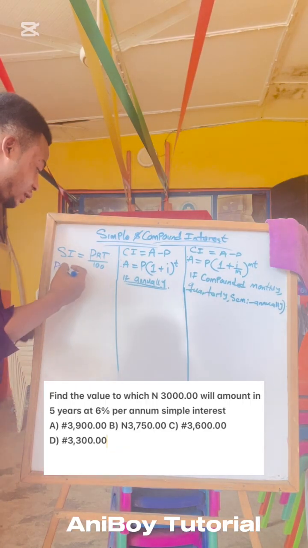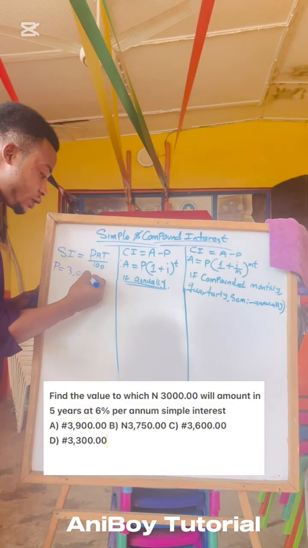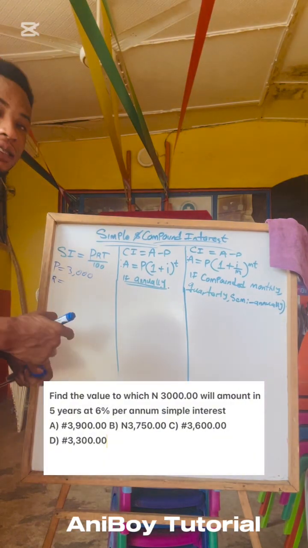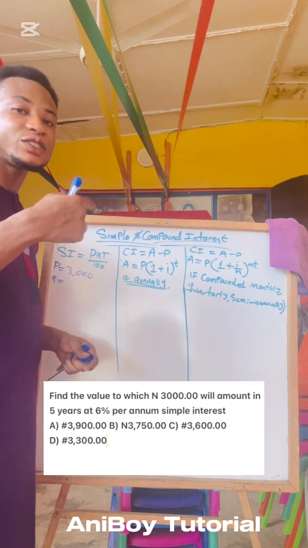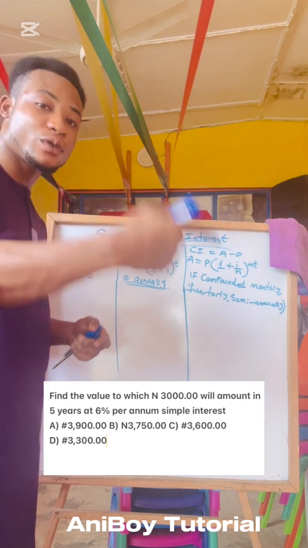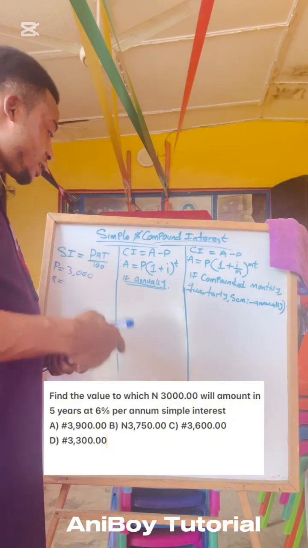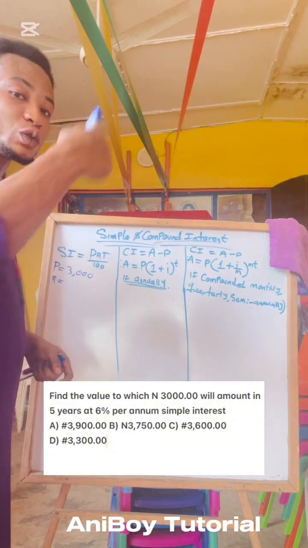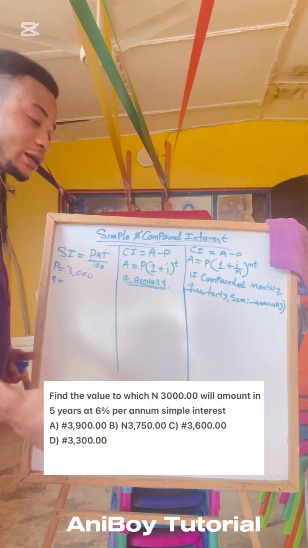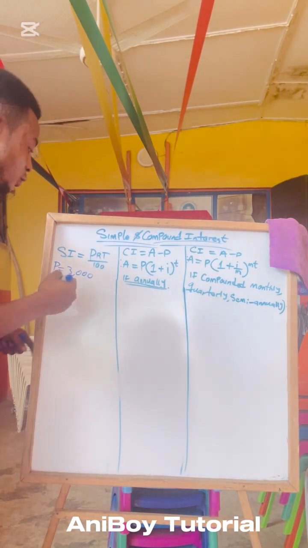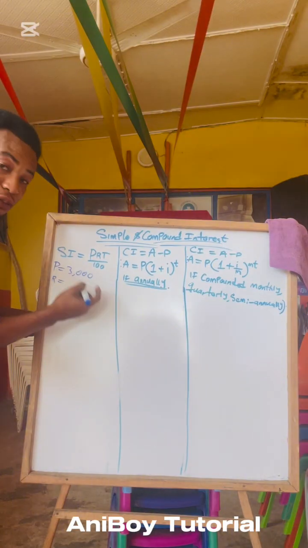That is 3,000 naira. Now for rate R, rate is the interest on the amount invested. That is the amount we are going to be getting from what we invest, either with the investor or with a bank. Anyway, so the rate is 6%.